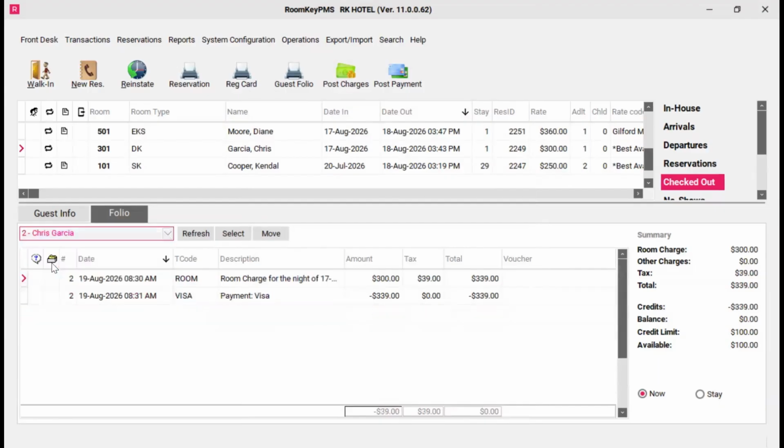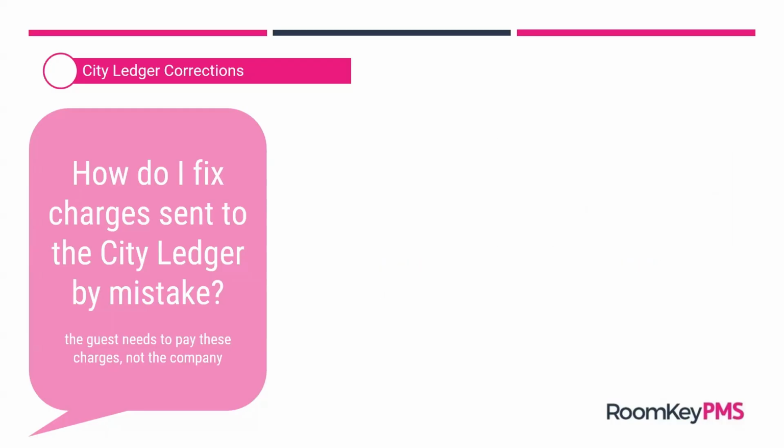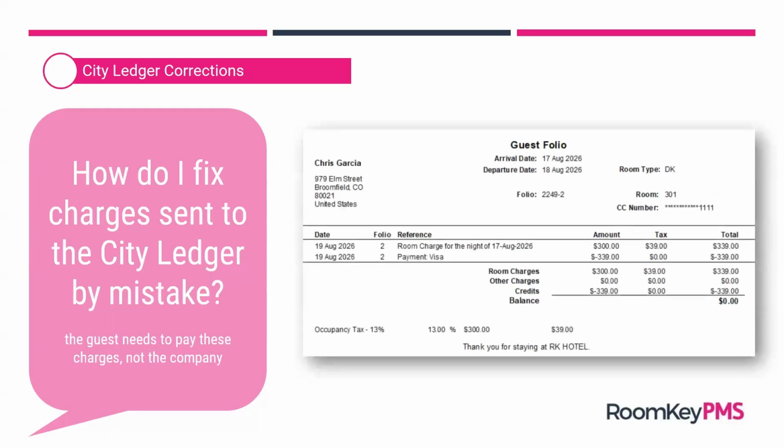So to make things nice and clean for the guests or easy to read, I'm just going to show folio 2 here. So for the guest point of view, they would see that they had a room charge and a payment for that night. I think I've got an example here. Perfect.